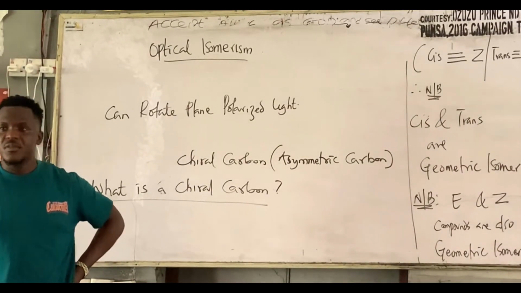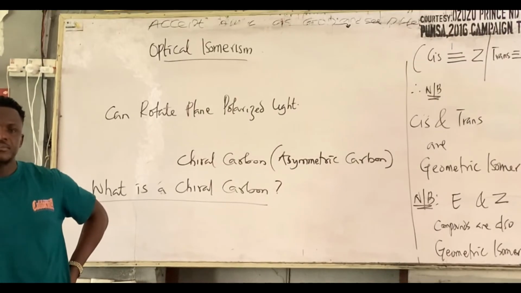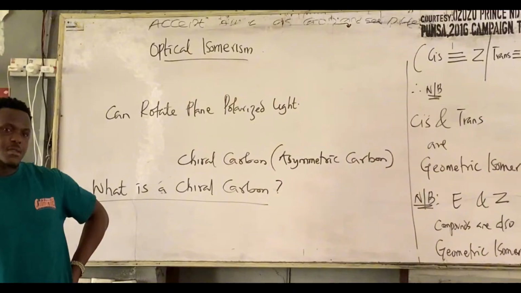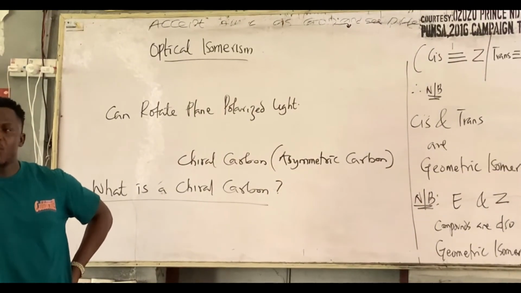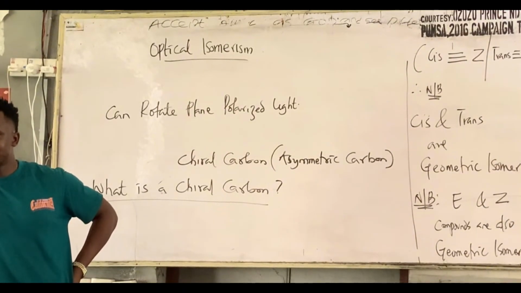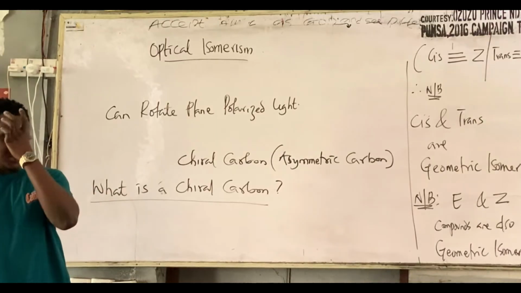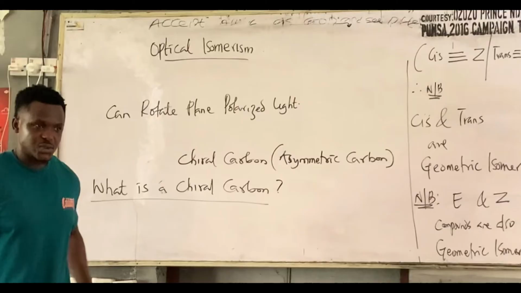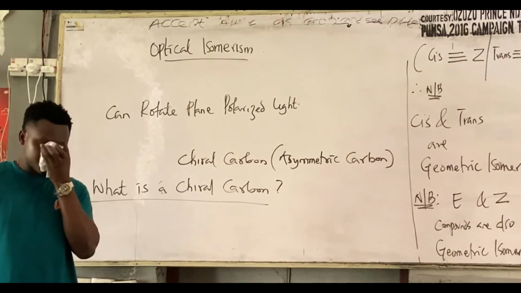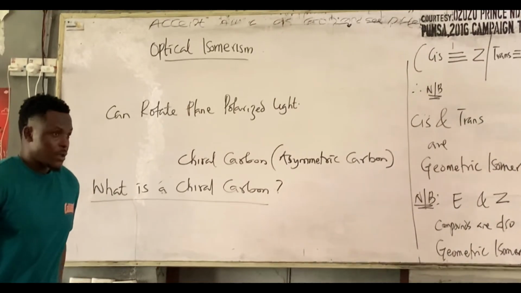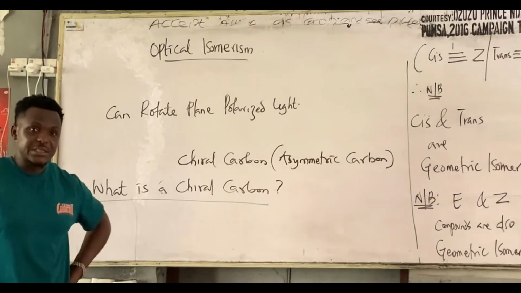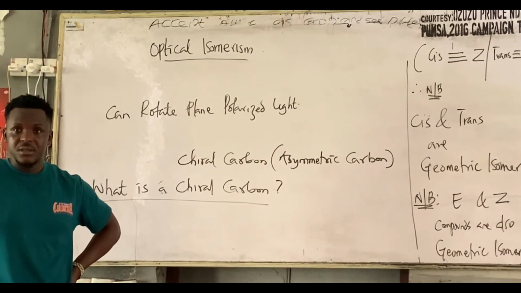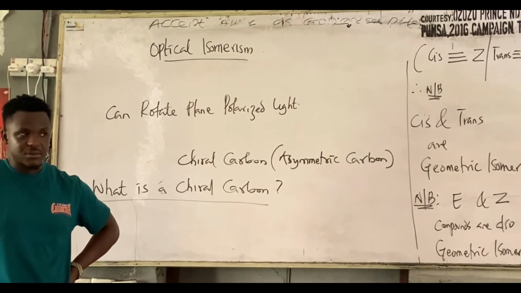Let's put down: a chiral carbon is a carbon atom that has four different substituents attached to it. The carbon atom that has four different substituents attached to it.